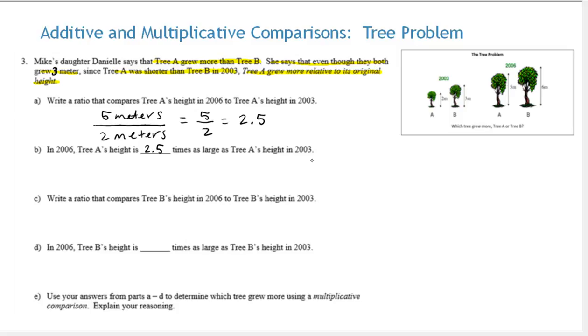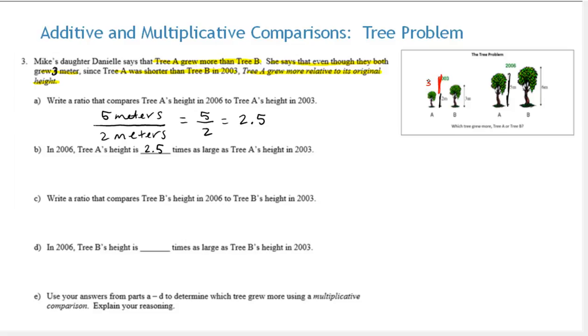So looking at this on the image, here's tree A. Before, when we compared additively, we wanted to see how much we add on to get from here to here. And that was 3.